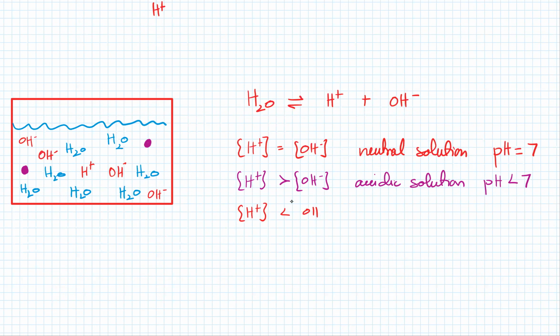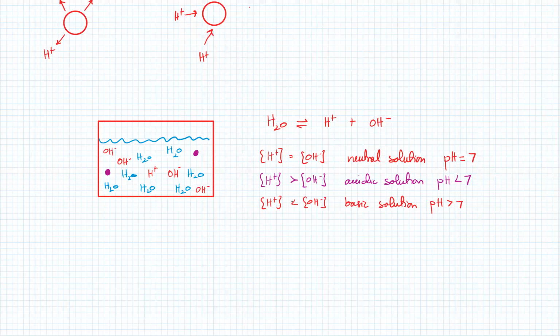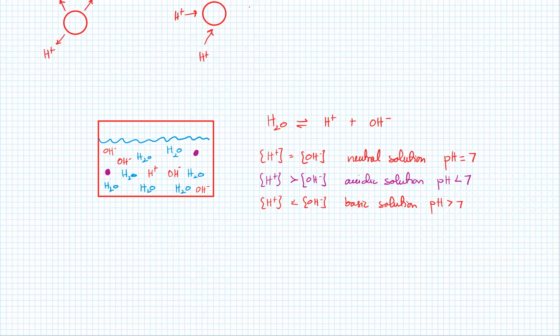So in a basic solution, this is what a base does, it increases the OH- ions, and you're going to say that the pH is greater than 7 in this case. Is this clear? Yep, it's clear.